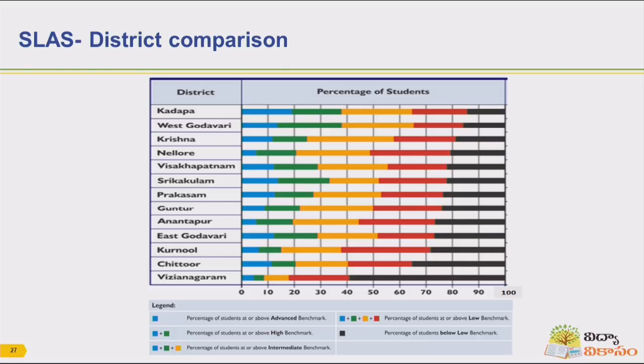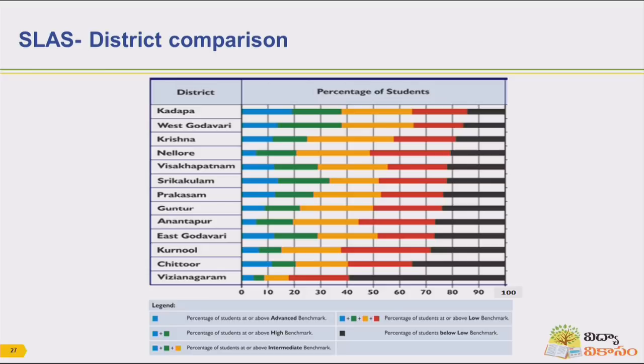Top performing students are more in Kadapa when compared to Vijayanagaram. That means the top 10% performing students are more in Kadapa compared to Vijayanagaram. If you see the black color, students who need more improvement are more in Vijayanagaram, more in Vijayanagaram, less in Kadapa.